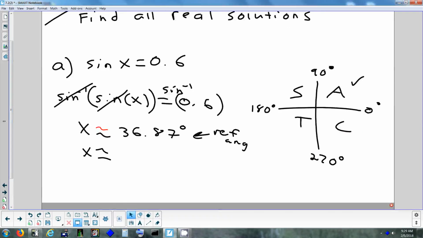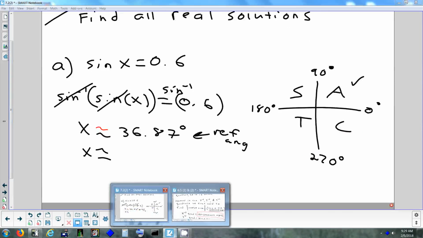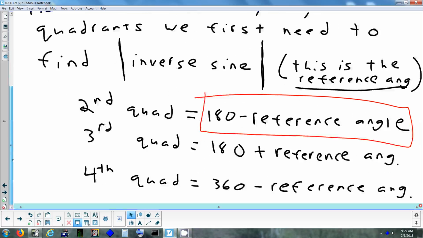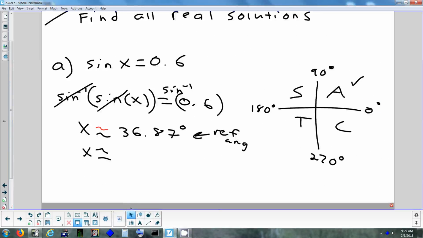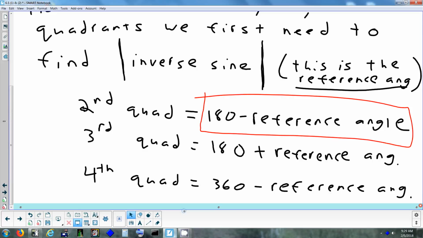Now, to find the second answer, I need to do two things. First, I need to figure out the quadrant I need to be in. It's either 2, 3, or 4. And then, once I know the quadrant, use the correct formula, either for 2, 3, or 4. So let's look at it. Rebecca already told us sine is positive in quadrant 2. So I'm going to go back and look at my formula.